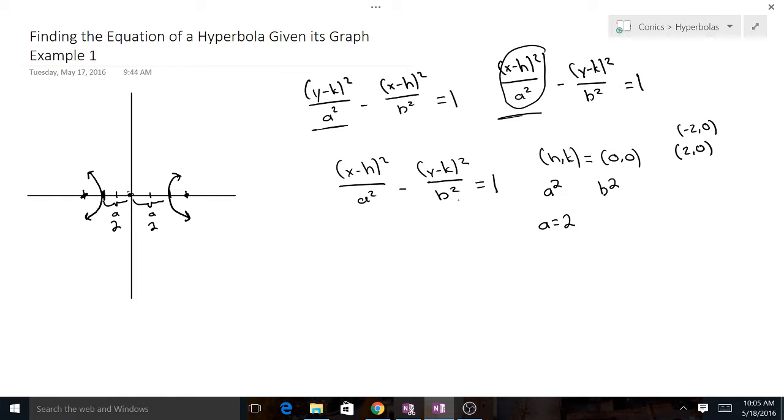And now we're left with b squared, which is the most complicated part, because just from looking at this graph, there's no way to figure out b. But there is a way. We know the relationship is c squared equals a squared plus b squared, and c is the distance from the center to the foci.